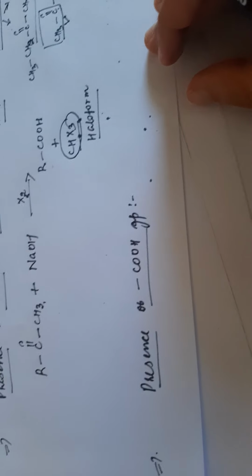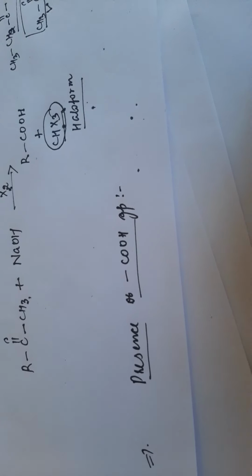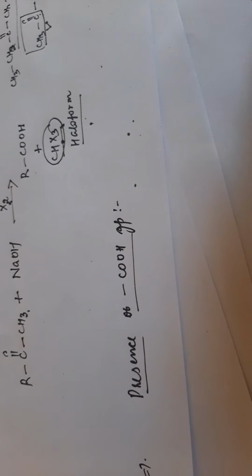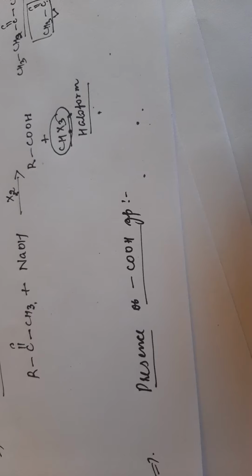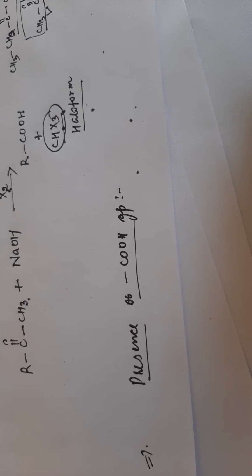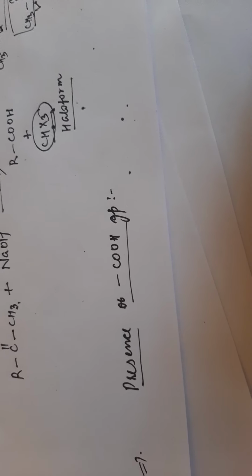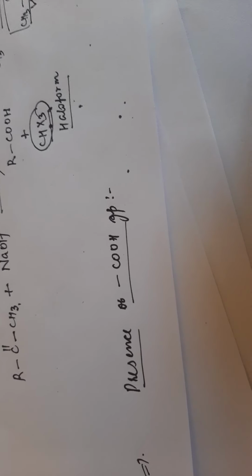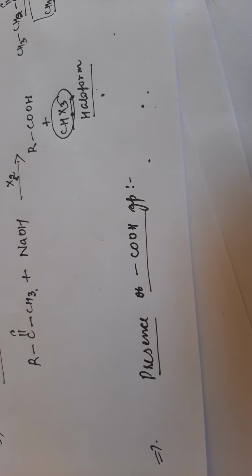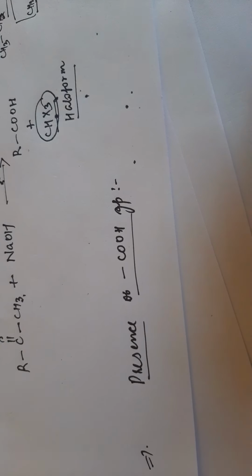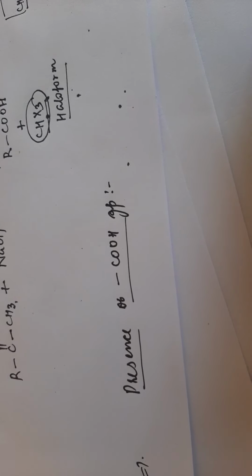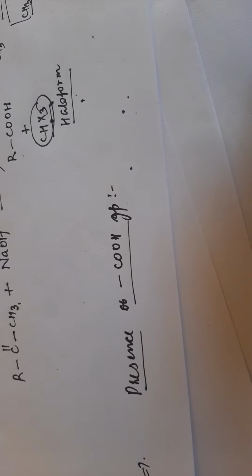As we have already read about many reactions of the carboxylic group, we know that if a compound contains a carboxylic group and we treat it with sodium bicarbonate, effervescence will take place. So if we add a pinch of sodium bicarbonate to the terpenoid and heat it, we will see effervescence taking place.